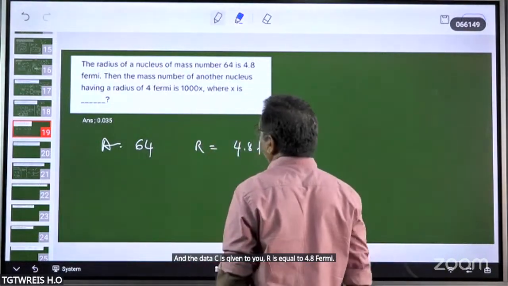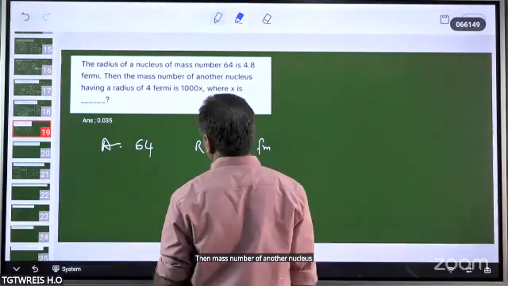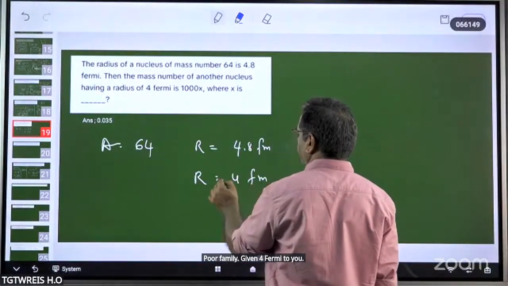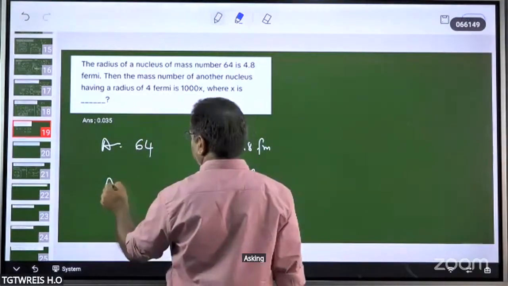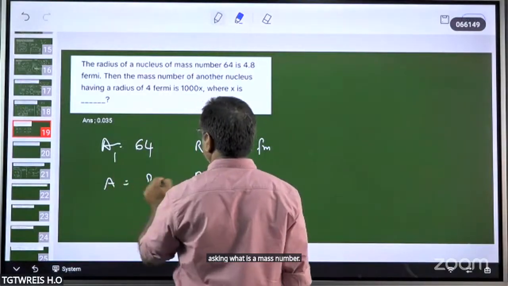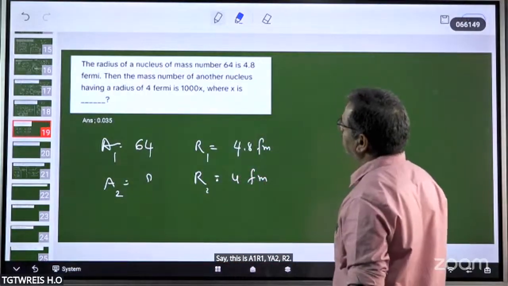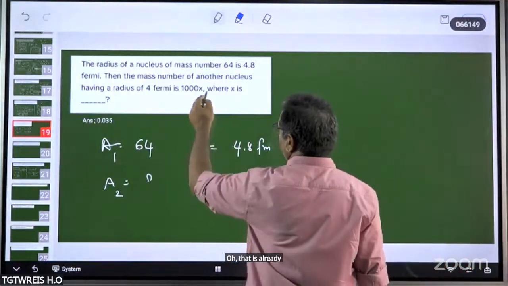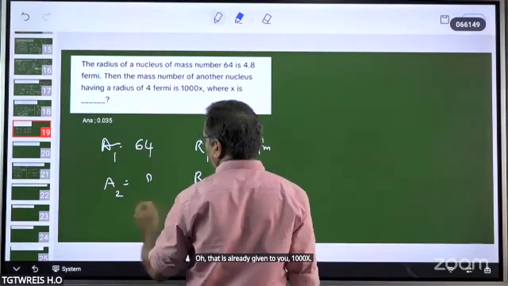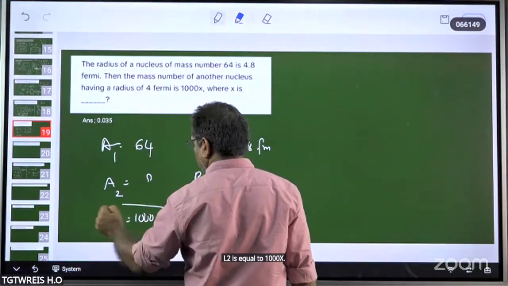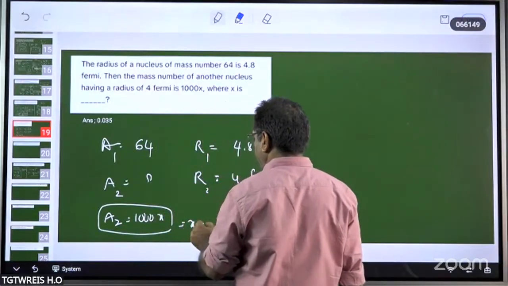Then the mass number of another nucleus having radius 4 Fermi is asked. Say this is A1, R1, A2, R2. A2 is given to you as 1000x.